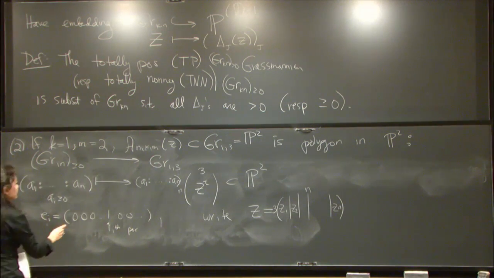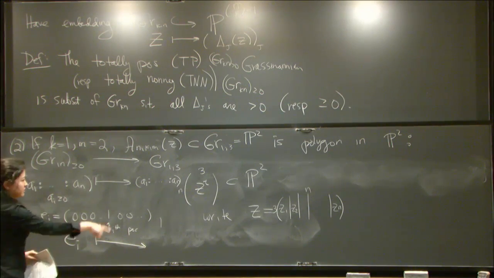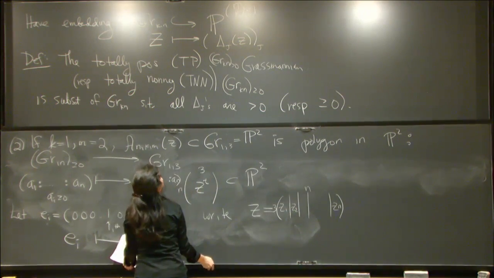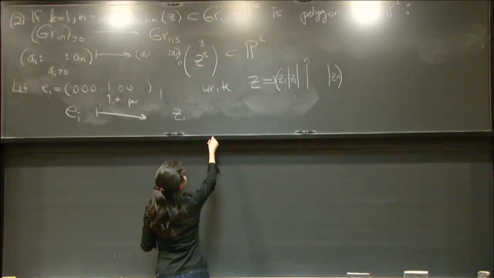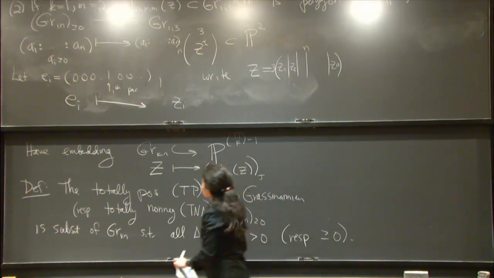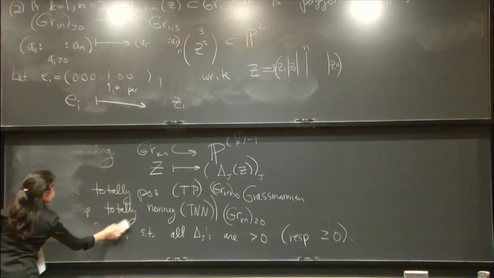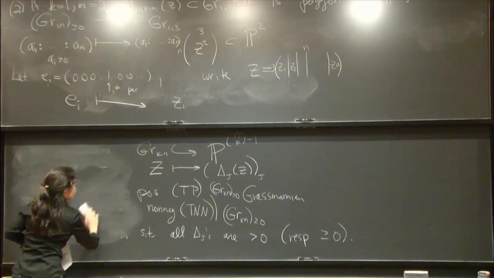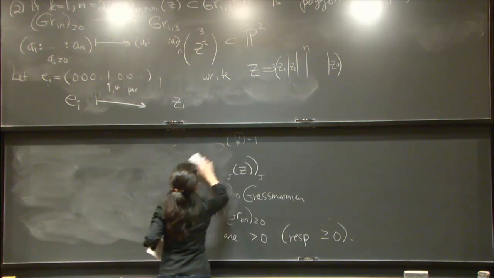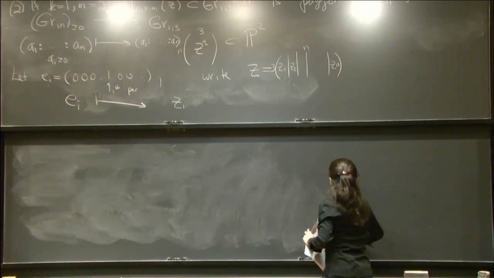In this case, e_i is going to map to z_i, just that ith column vector. And e_i can be thought of as a point in the non-negative Grassmannian Gr_{1,n}. Now if we let the a_i range over the non-negative real numbers, we're just getting a cone spanned by these z_i.